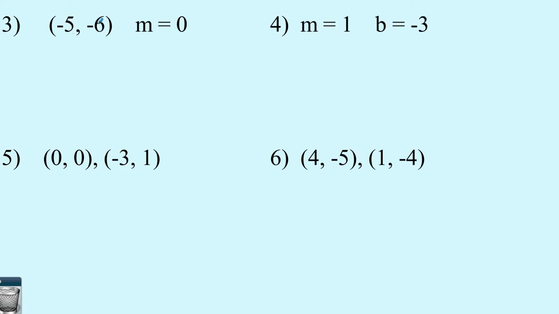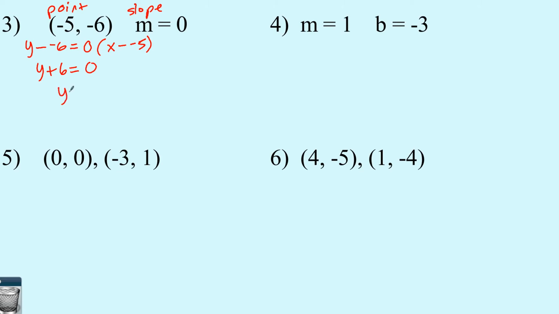Okay, so for number 3, I'm going to notice that I have a point and a slope. So I'm going to just straight up plug it into point slope form. Y minus negative 6 equals 0 times x minus negative 5. So this is just y plus 6, and 0 times anything is just 0.